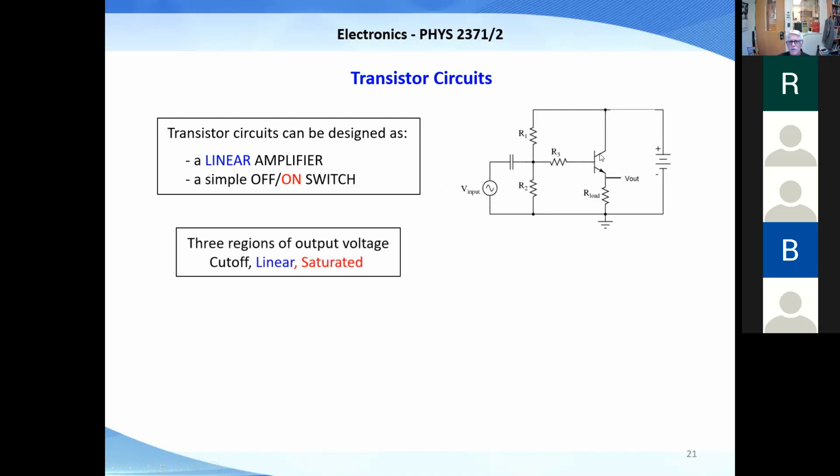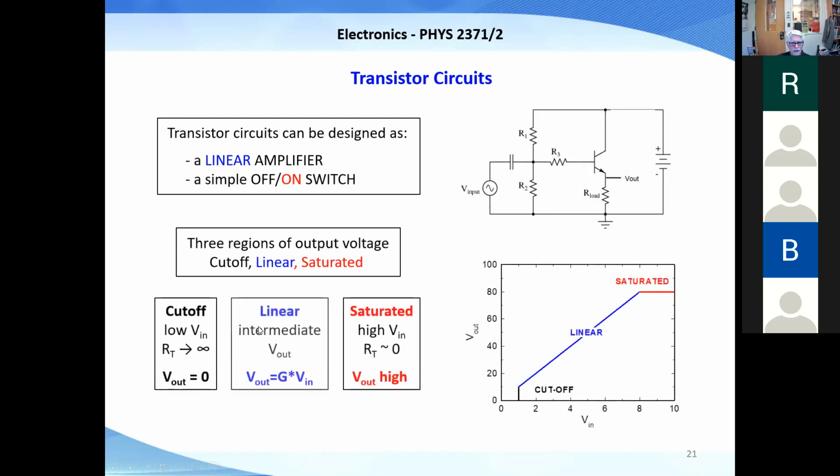So you'll be looking at this circuit, the emitter follower, and there are three regions. This is V-in versus V-out. There's a cutoff range down here where nothing happens for a certain voltage. Then there's a linear range, and then there's a saturated range.